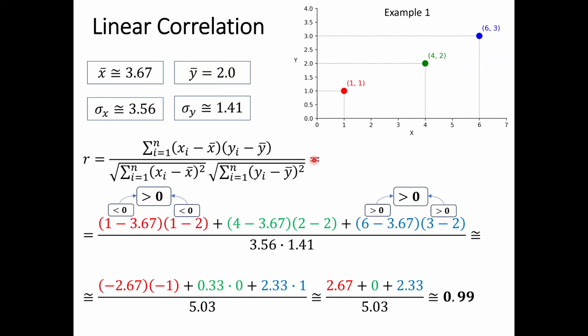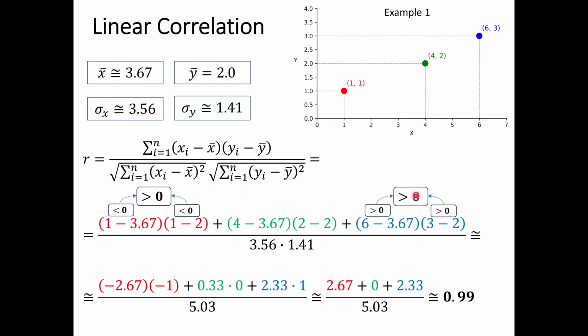If we look more closely at the calculations, we can see that the coefficient turned out positive because the first and the third products were greater than 0. The first product is positive because x1 is below the mean, and y1 is also below its mean, and the product of two negative numbers is positive.